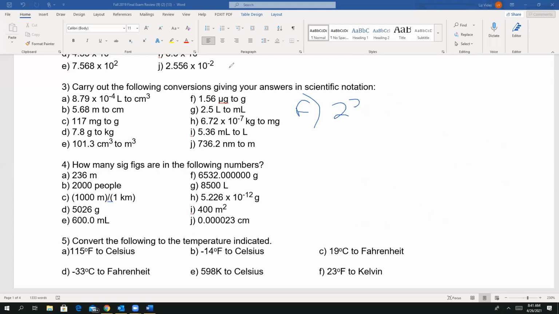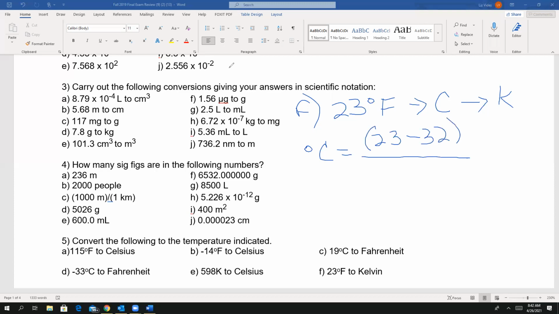So in order to do that, the only connection that you have is going to be Celsius, and then you're going to change it to Kelvin. So first, we're going to do the C formula, right? Which is, remember, we had F, so the Fahrenheit, so 23 minus the 32 divided by the 1.8.